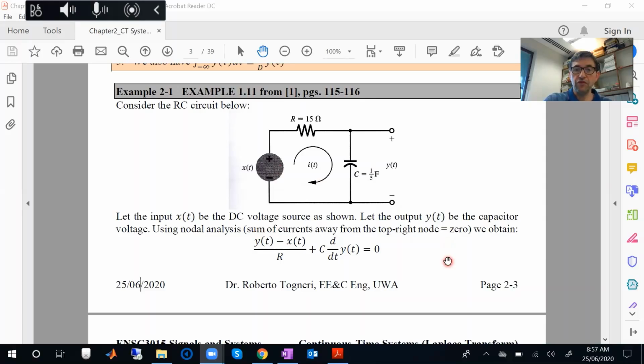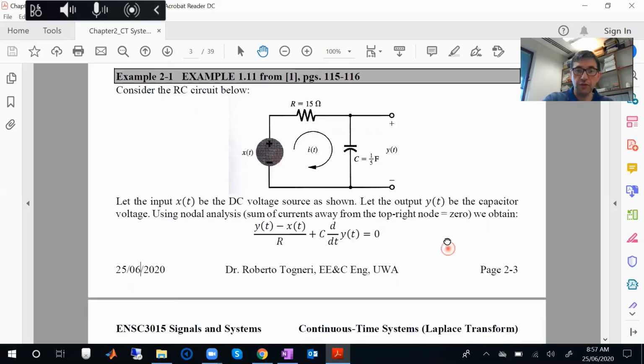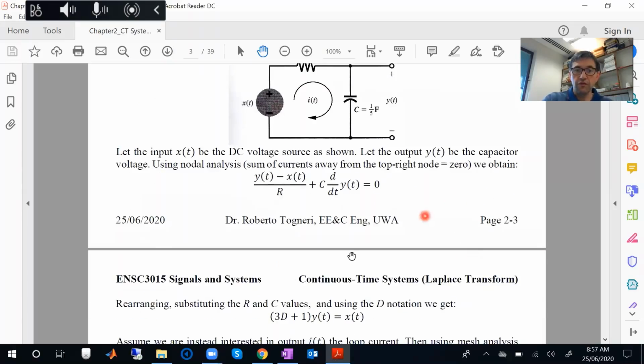And you need to set it up in a form that you can solve it for. So what we do is we rearrange it in this form, where we have the x, the inputs, on the right-hand side, and the outputs on the left-hand side. So if you see here, that goes to the right-hand side, and this component and that remain on the left-hand side.